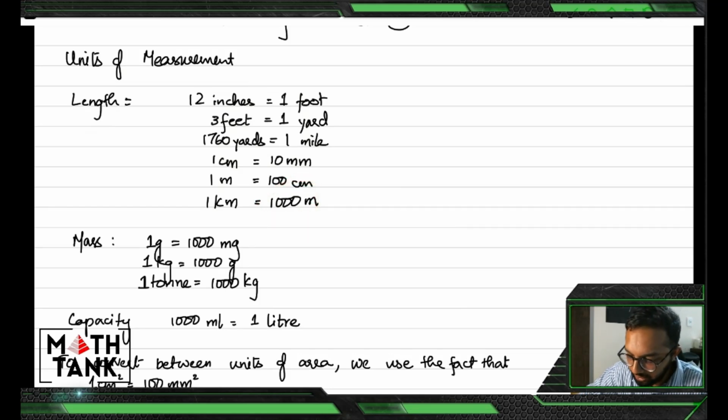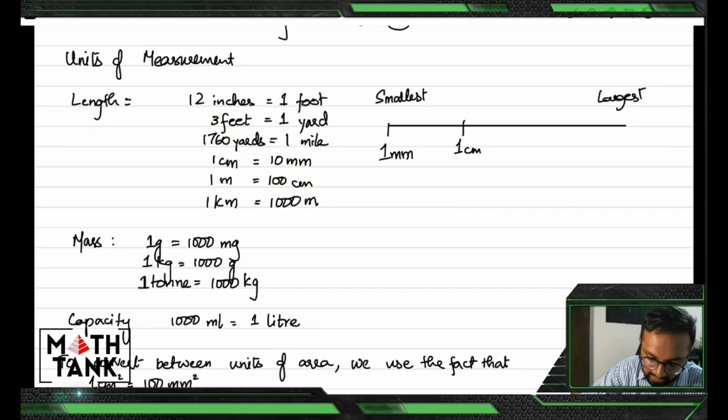Now one thing that I want to show you here is a spectrum. I go from the smallest to the largest. So ignoring the feet and inches, 1 millimeter is the smallest. Then 1 centimeter.